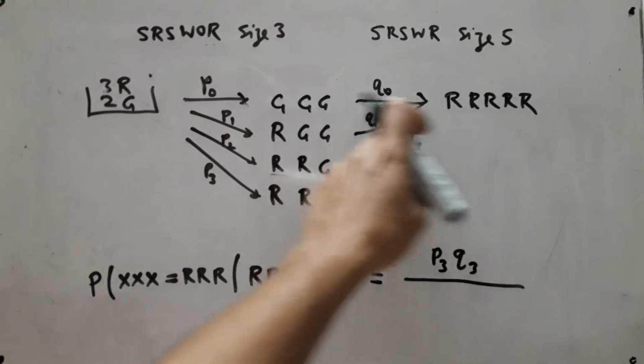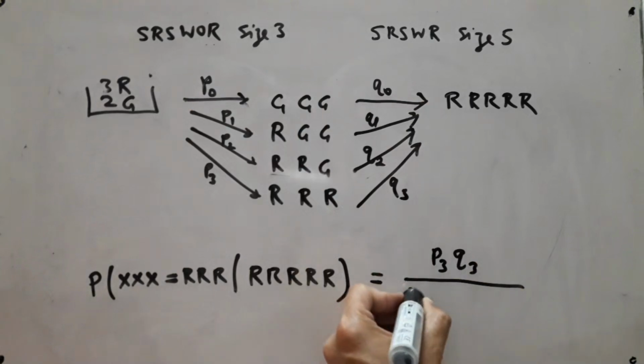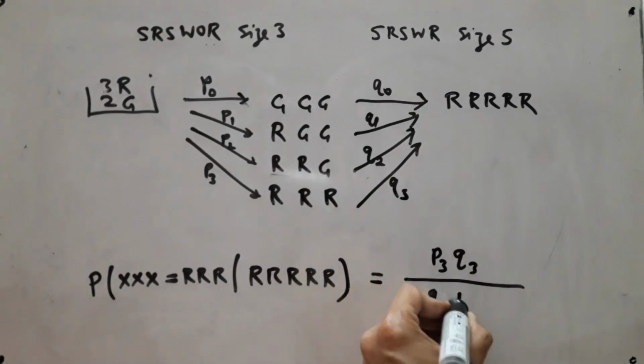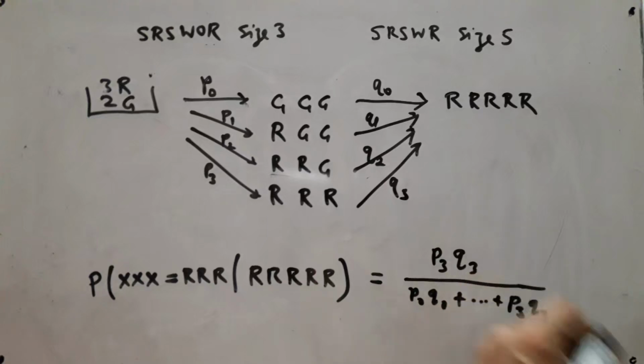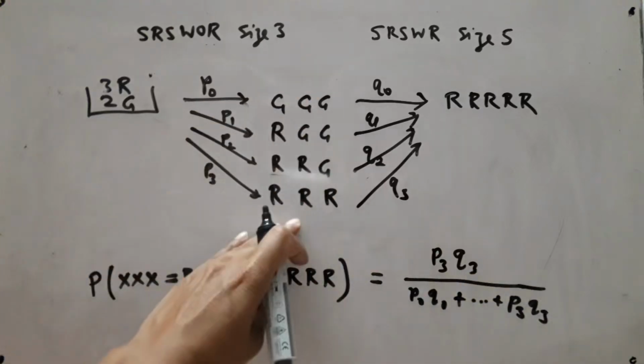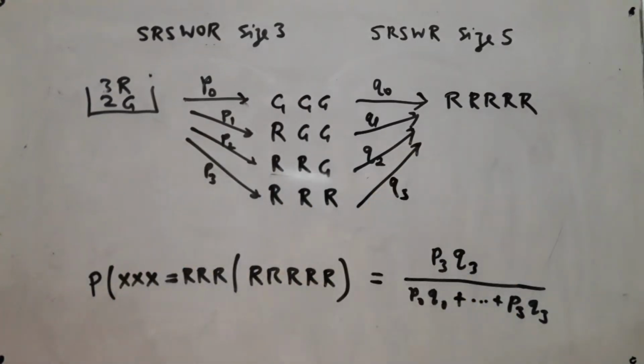Of course, this path is really not existent, but if I just write them down, all of them, it will be P0 Q0 plus up to P3 Q3. So the total, out of that, I am interested in only one single path. That is basically an application of Bayes' theorem. So far there is no machine learning and there is no beta distribution. Now we are going to get into that.